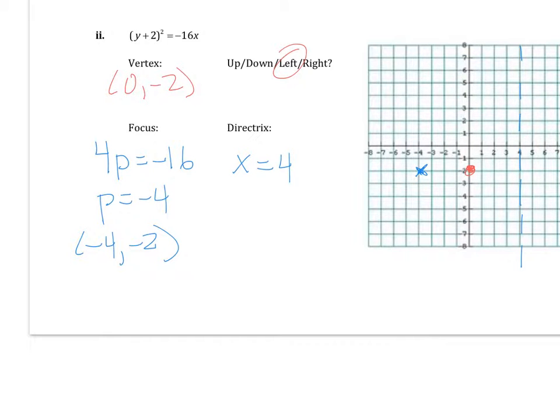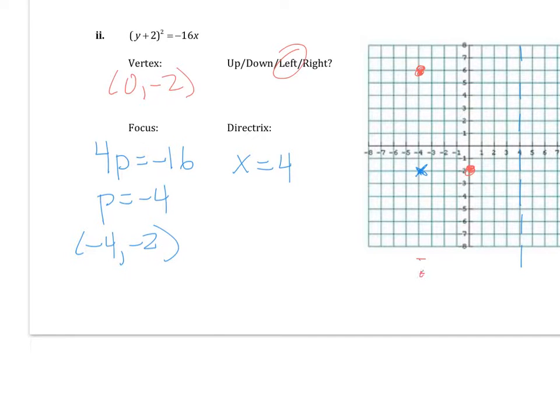All right, and then the only thing left is to find our 2 points. So again, if we use that focal chord, we know that it must be 16 units long because it's the same as our 4p value. So that means that if we start at the focus and go 8 in one direction, 1, 2, 3, 4, 5, 6, 7, 8, and then 8 in the other direction, we're going to go off the page.